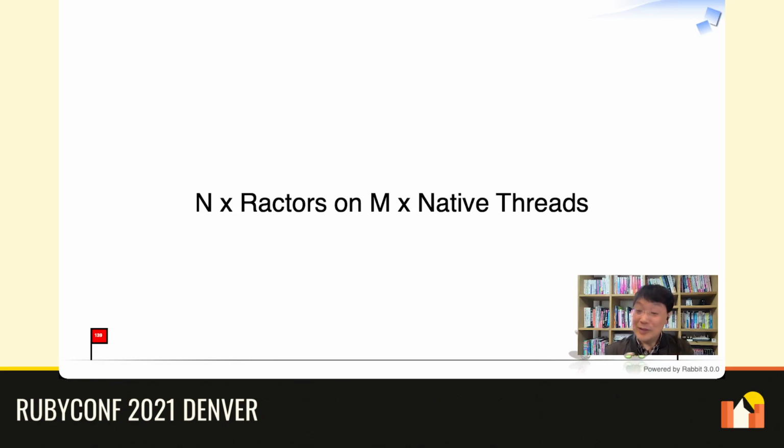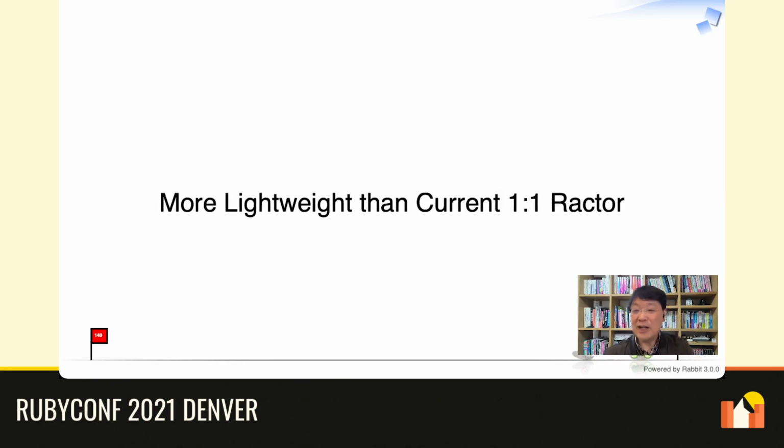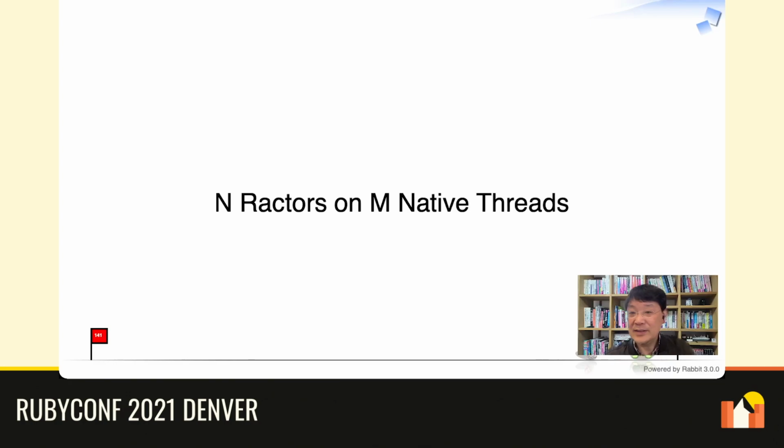But on Linux systems, one native thread consumes 4 megs of memory. That is huge. But once we implement the N:M Ractors, the memory consumption will be much smaller, and then we can use Ractors more casually, and the Ractor will be more lightweight than current 1-to-1 Ractors.